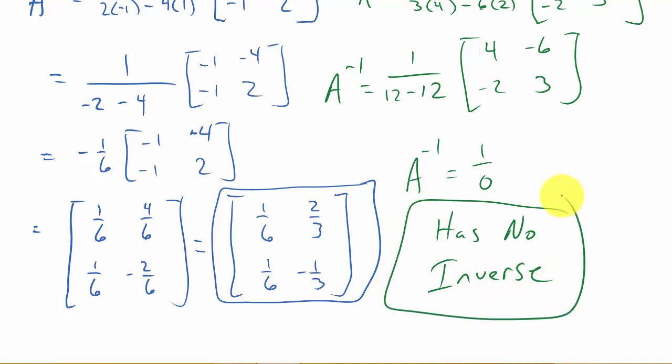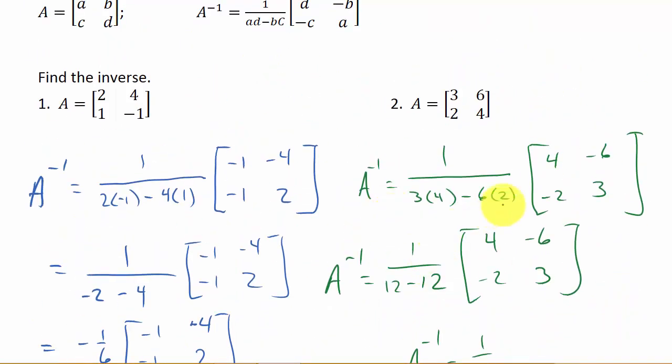And that's how you can tell if you get a 0 here. Basically, it's called the determinant of a matrix. I don't know if you've been introduced to that term or not, but that's actually what that is: A times D minus B times C. Just know if this goes to 0, then the matrix doesn't have an inverse.